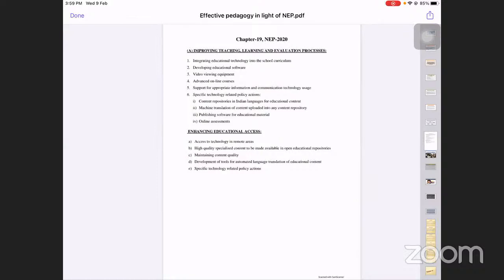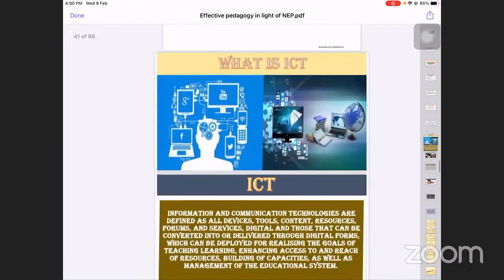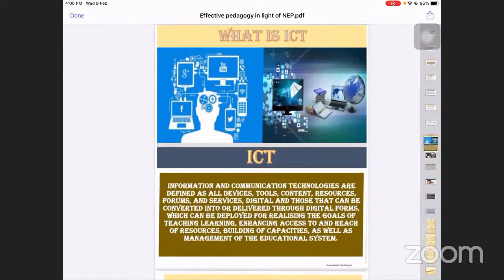So certain kinds of norms will also be there. So all of this is given in chapter 19 of NEP 2020 for improving your teaching, learning and evaluating system. That all comes under effective pedagogy. So these are the recommendations of NEP 2020. In another chapter, there is something related to ICT.